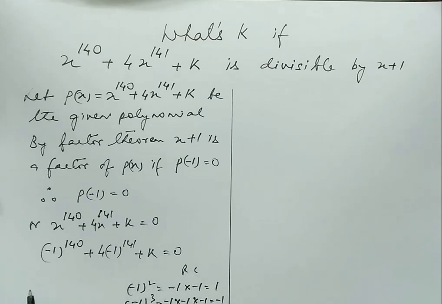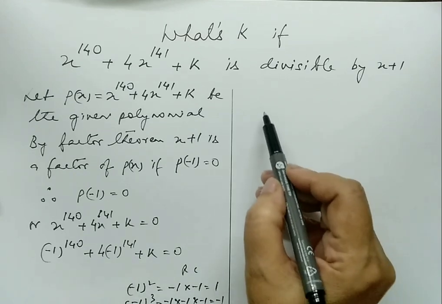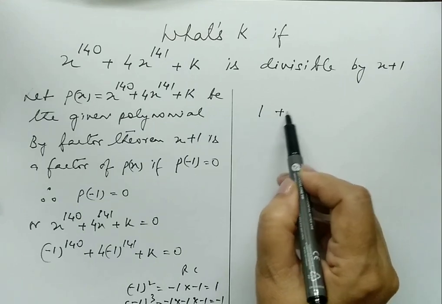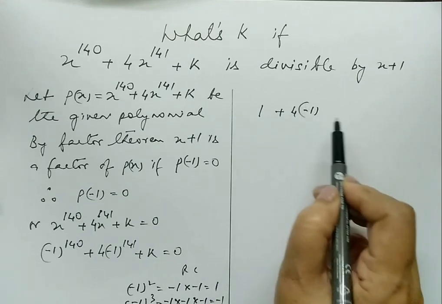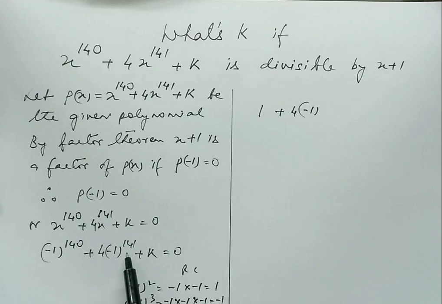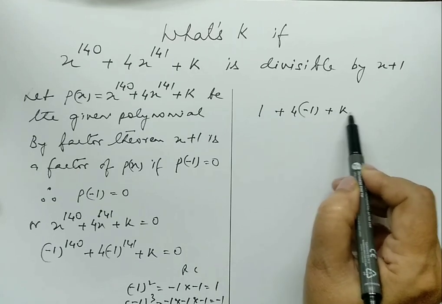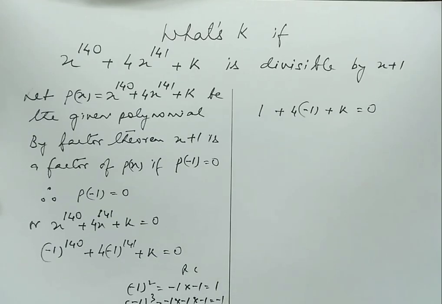The same principle we are going to use here. So for this we'll get 1. For this we'll have plus 4 and minus 1. Minus 1 to the power of 141 will give me minus 1, plus k equals 0.